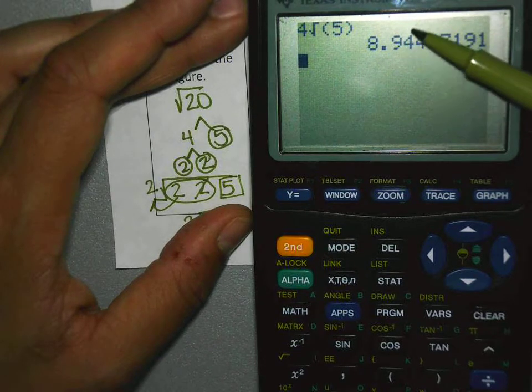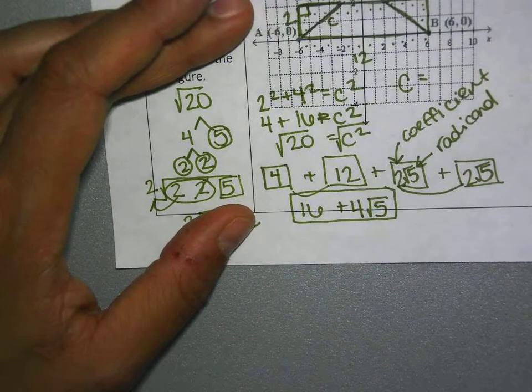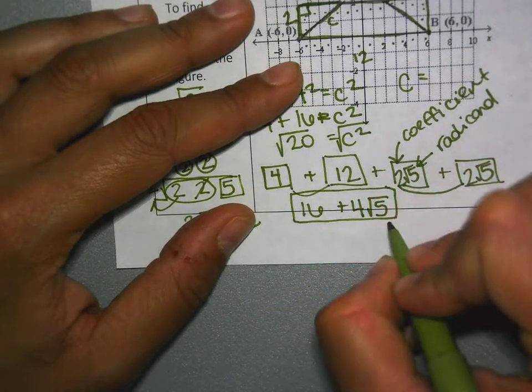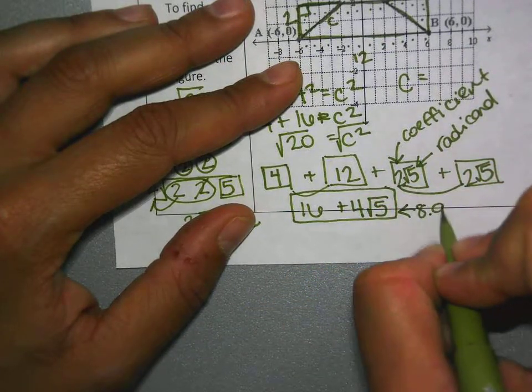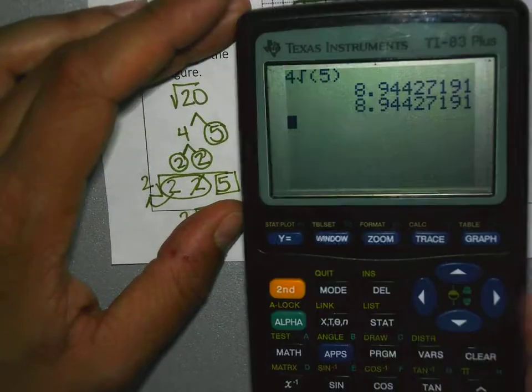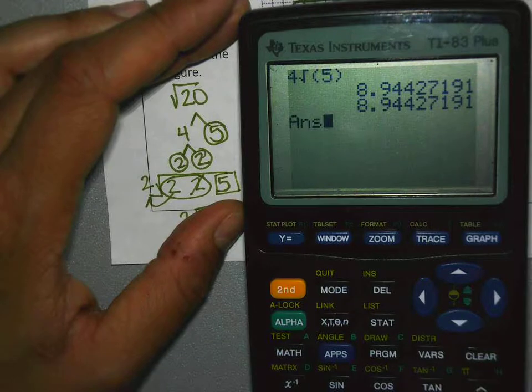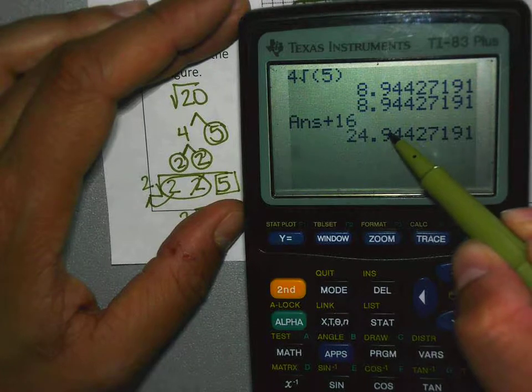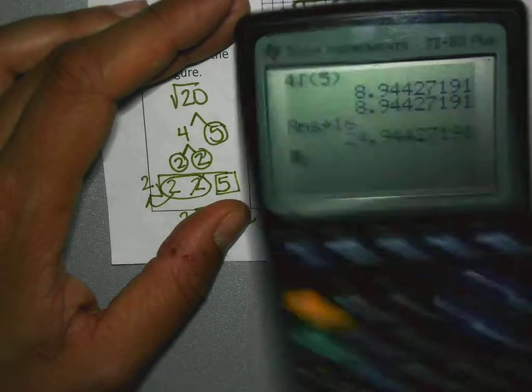So my final answer will be 8.9. So 16 plus 8.9 gives me 24.9. Again, the 4 doesn't round it up, it keeps it the same.